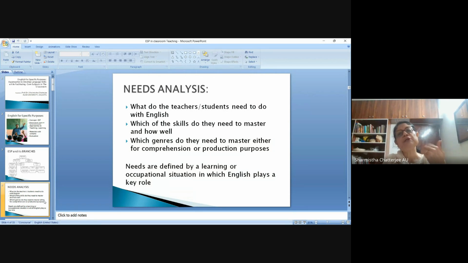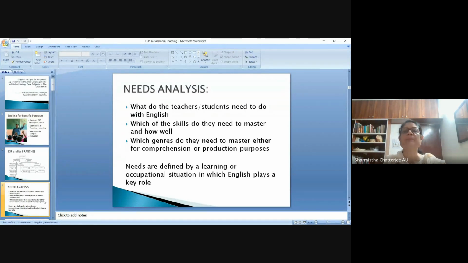So you and me, all of us are definitely speakers of other languages. Our native tongue is something different, okay? But we have certain needs, and therefore, according to needs analysis, ESP has now become the rage of the day. So what do we need to actually do with our English?